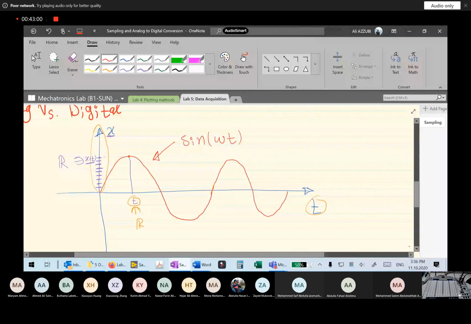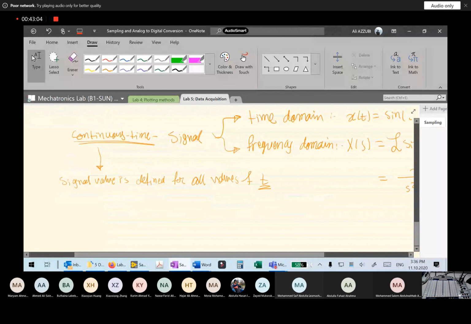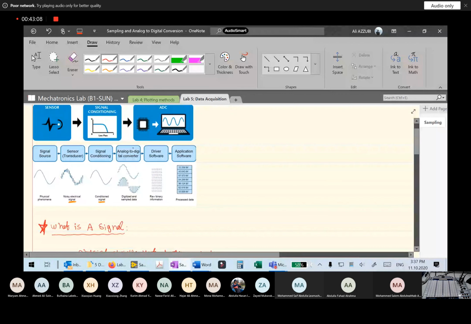Now, when I sample the signal, we said here that we have an analog-to-digital converter. It will do two things, and this is very important to remember.